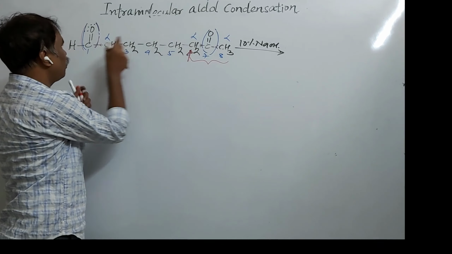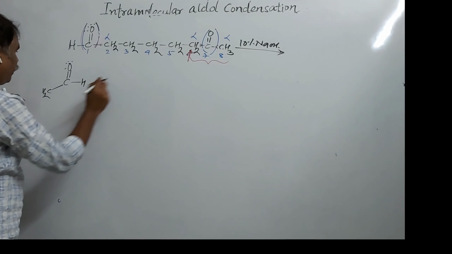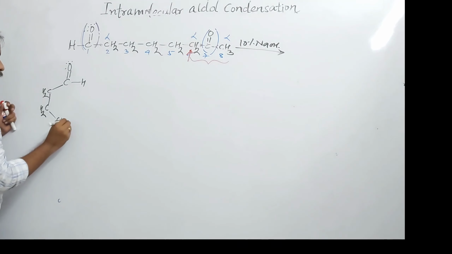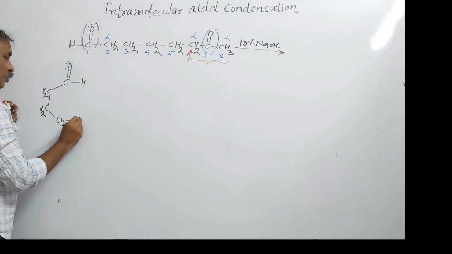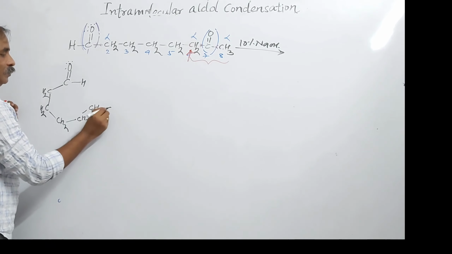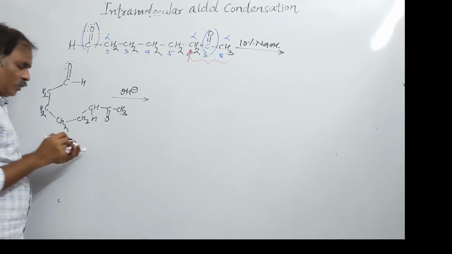So carbanion formation from this, so I will write the same. How many methylene? 1, 2, 3, 4, and from this carbanion 1, 2, 3, 4. It is like this. Carbon. Reaction of this with base, compulsory.